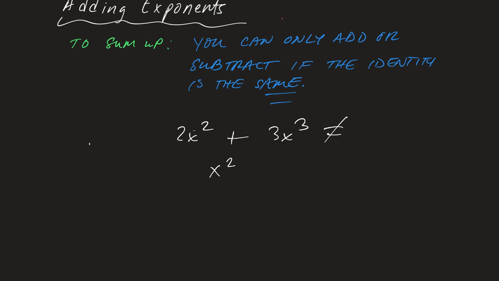But you can add 2x squared plus 3x squared. The identity is the same, x squared. So you get 5x squared. Just add like regular numbers and then carry the identity, which is x squared, along with it. All right, and that's it for adding exponents.